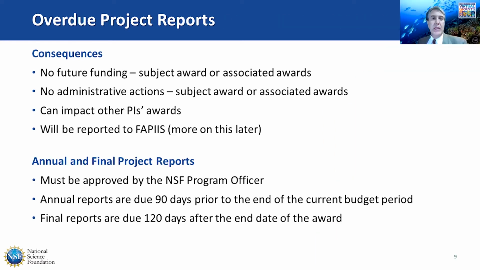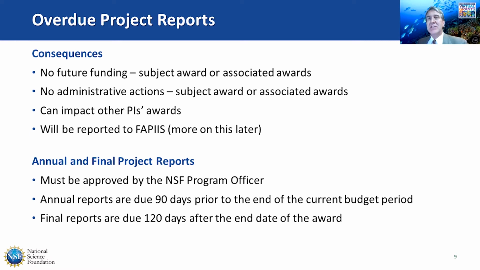Hello, everyone. As Kandis mentioned, one of the things that will slow down processing of your proposal are overdue project reports. Overdue project reports can affect all of the future funding for that subject award, as well as any associated awards that the PI or co-PIs might be working on.